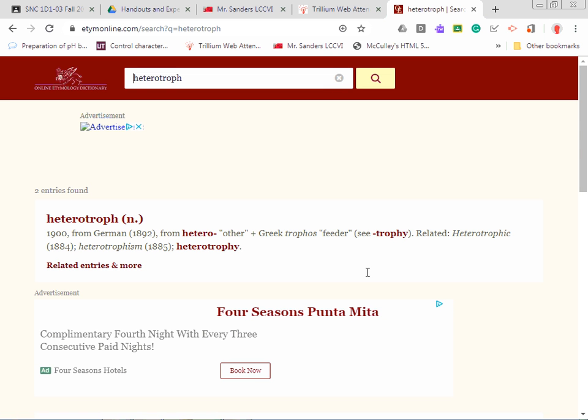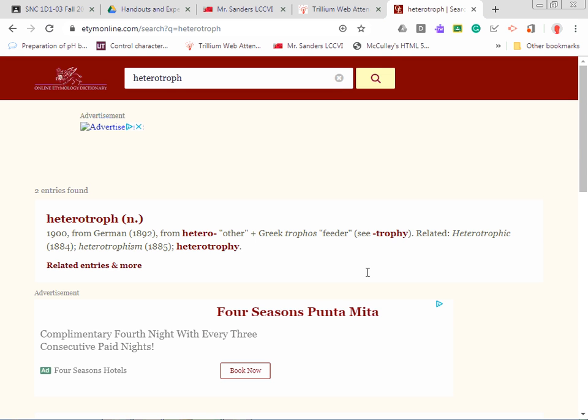Hetero means other, all right? Hetero just means other type. Trophs, feeders, all right? I've even seen trophs be food, all right? So trophic literally means food levels, and it comes from the Greek, trophos, food or feeder, something that's eating something or something that's eating food.